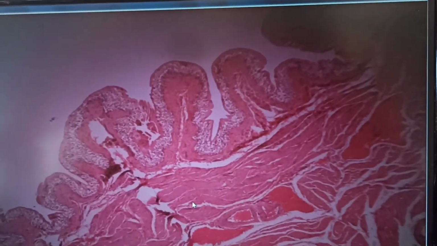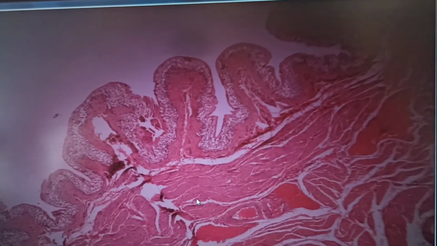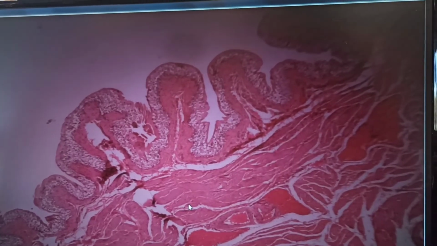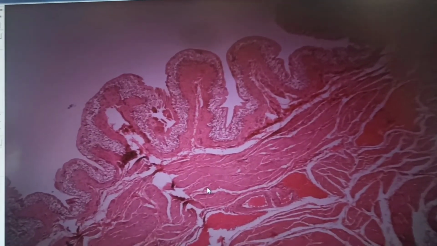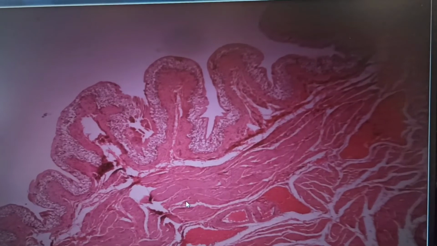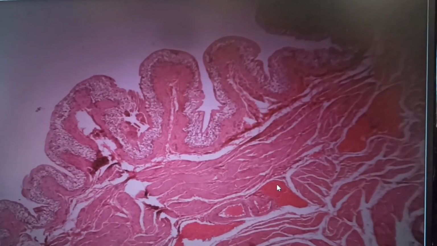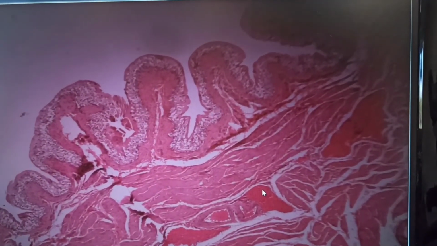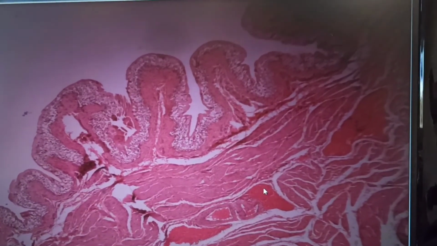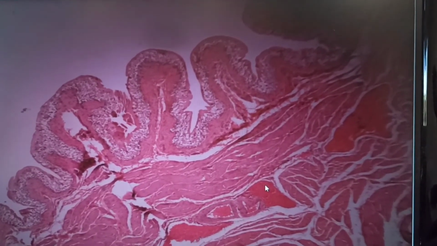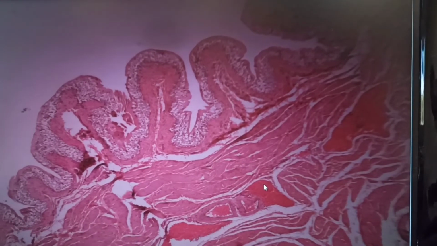The urinary bladder is very similar to the ureter, but the muscular layer is very thick, and we have at least three layers: inner longitudinal, middle circular, and outer longitudinal. But the border is not distinct. Actually we have interwoven smooth muscle cells.